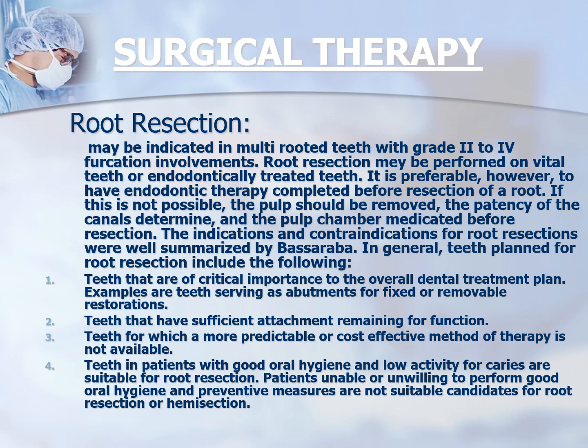So in grade 2 furcation, a flap should be reflected, the furcation area debrided, and the regenerative procedure that involves a bone graft and a GTR membrane is the treatment of choice so that the tooth can be saved for a longer duration of time.